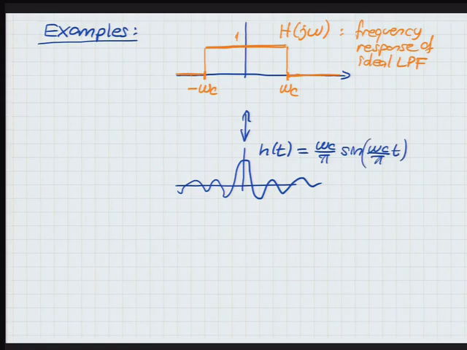So if you want to build an ideal low-pass filter, that is how your system should respond to an impulse. Right? So what's wrong with this? What is so ideal about the ideal low-pass filter? Sharp cutoff is, yes, that's the ideal look, but in terms of implementation, what is the problem with h(t)? What does that sharp cutoff translate to in time domain?